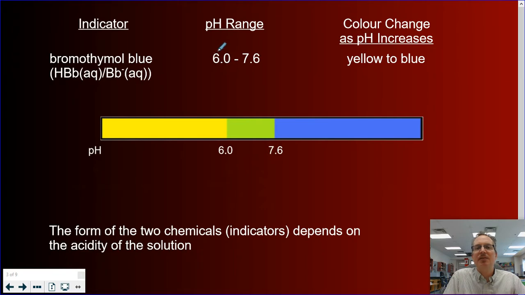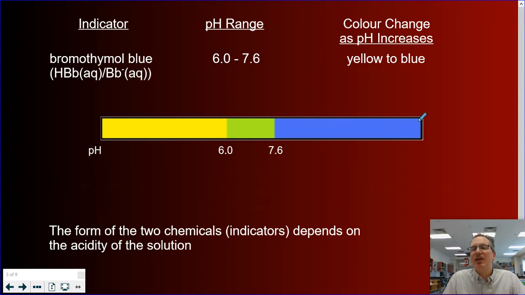This means that from 6.0 and below, the color is going to be yellow. So if I was to put bromothymol blue into a solution that had a pH of 6.0, 4.0, 2.5, or 1.1, they would all be yellow. If we had a solution of 7.6 or greater, and I dropped in bromothymol blue, then it would turn blue.